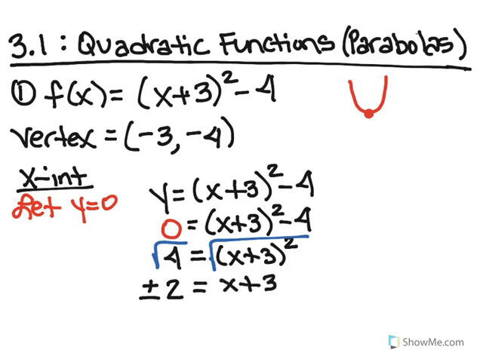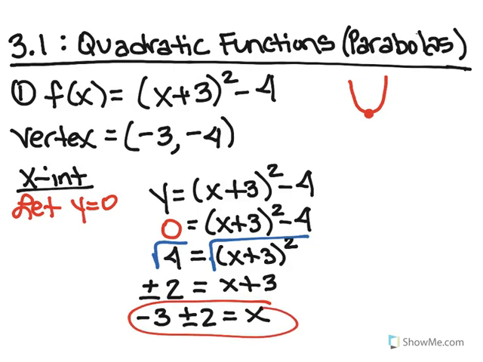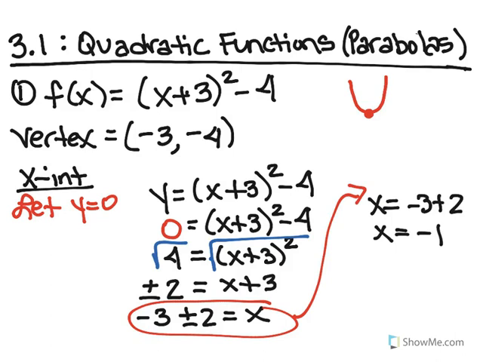Now, to get x by itself, you're going to subtract 3. Now, you have x equals -3 plus or minus 2. Now, this is two answers. So, separate it. You have -3 plus 2, which will give -1.